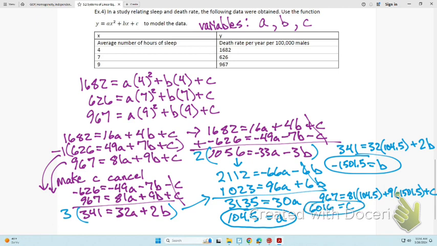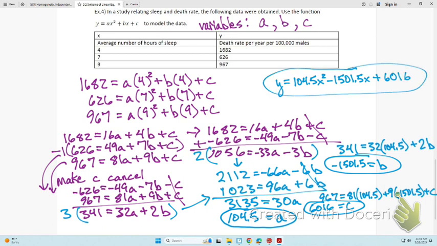I'll give you full credit if you write it like that, but here's the fancy way to write it. Plug in your estimates. And then this equation can be used to predict death rates given an average number of hours of sleep. All right, hope that made sense.